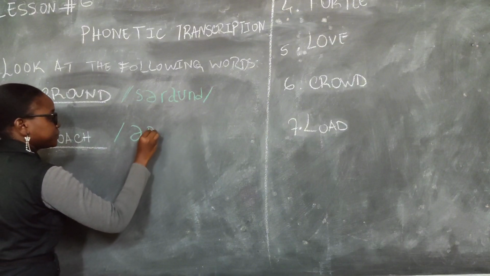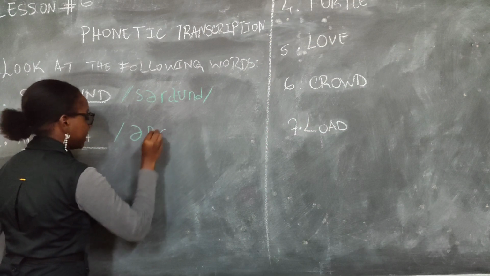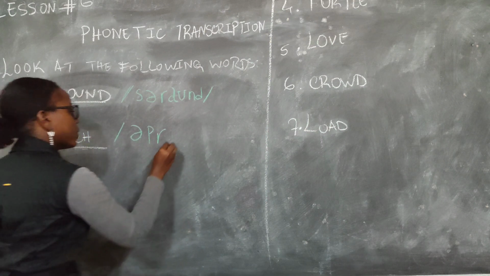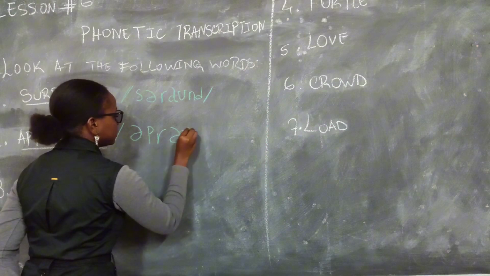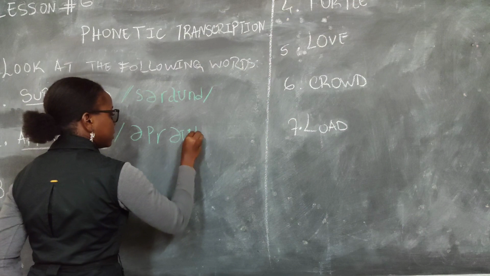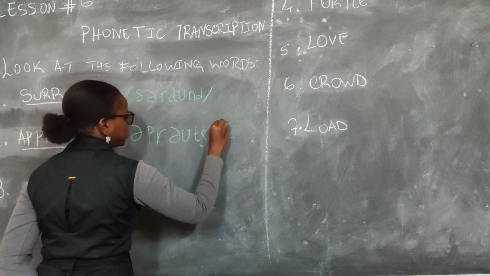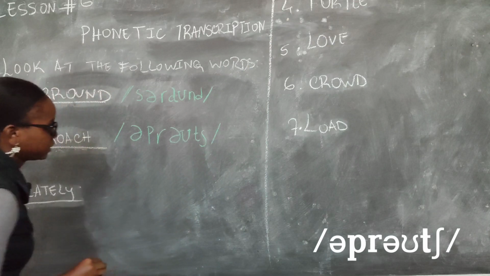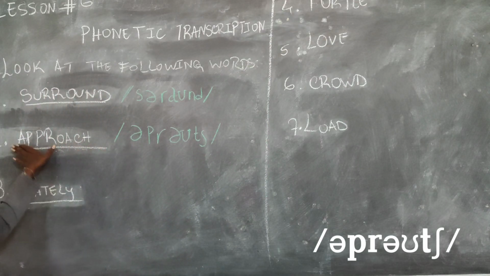P. What's next? R. And then the O. Approach. Remember the ch sound. Approach. So this is how we represent the word approach.